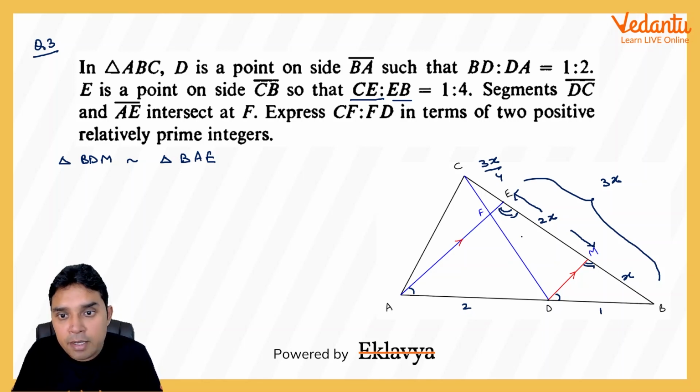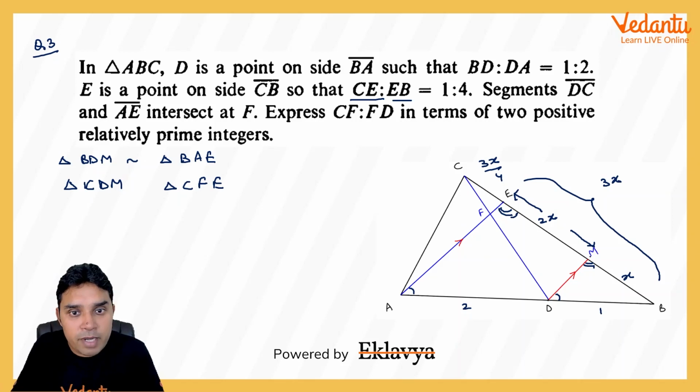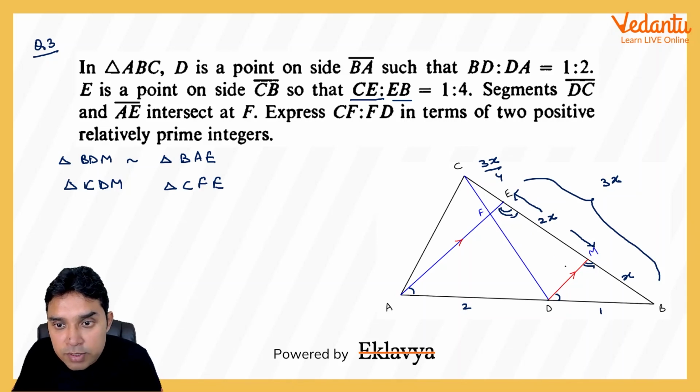So once again, in the triangle CDM or triangle CFE, again by the method of similarity or by the basic proportionality theorem, it can be done. If you consider triangle CDM or CFE, these two sides are parallel.